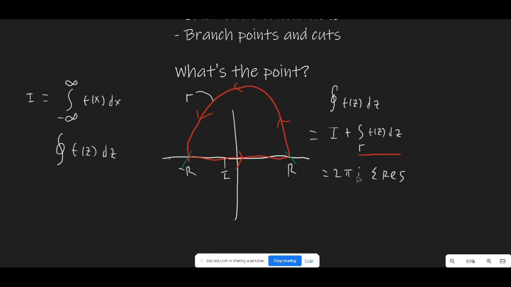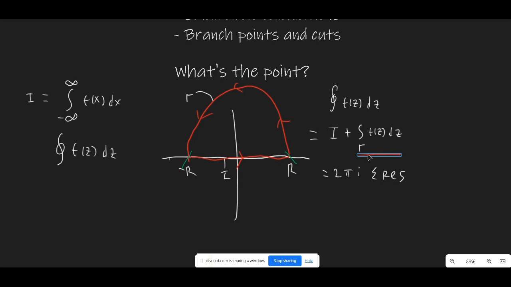So if we want to actually get the value of I, we can't just use a contour integral. We also have to be able to evaluate this upper semicircle, which is what closes the contour. So that's what we're going to be covering in this video: how to evaluate these curves and others, basically any curve or even straight lines in many cases that we use to close our contours. We need to be able to evaluate those in order to evaluate our original integral.